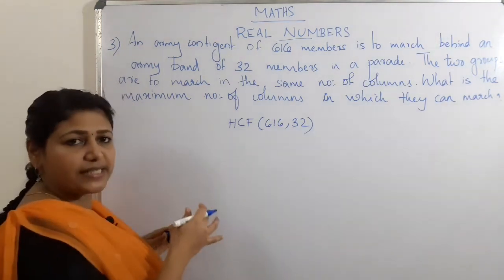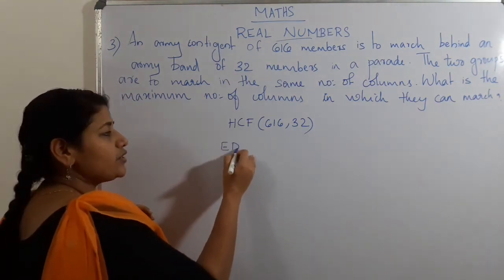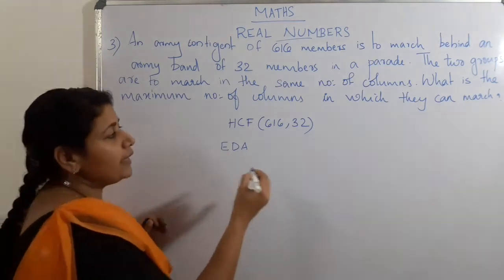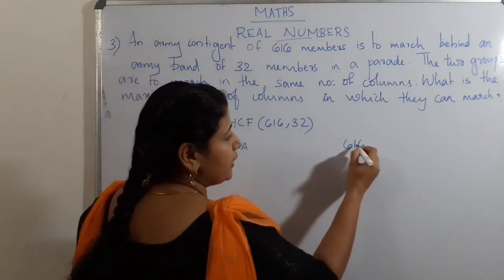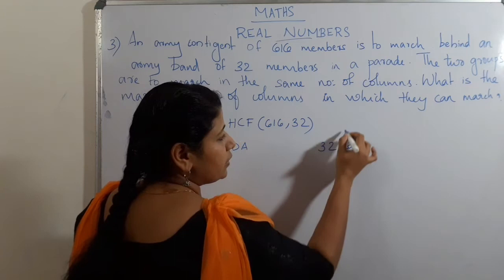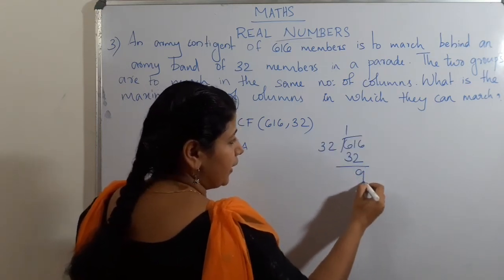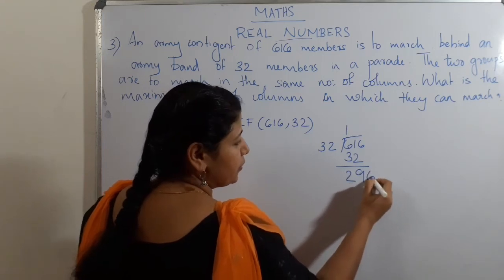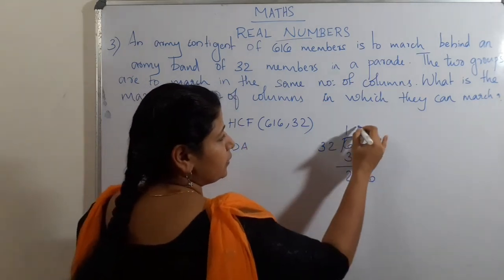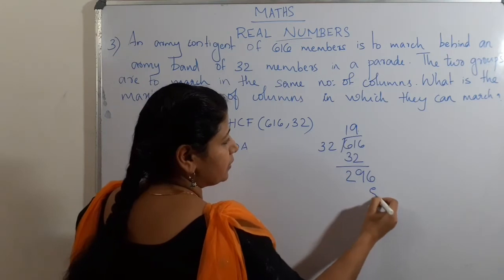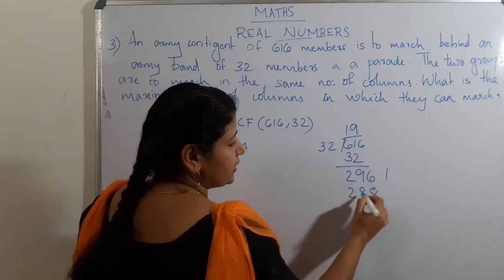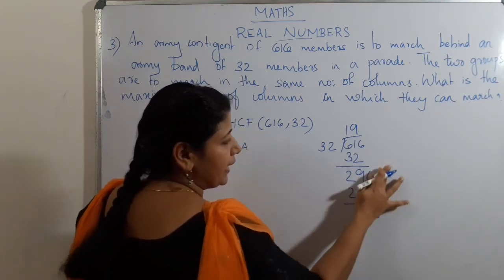So, we have already studied Euclid's division algorithm. We will divide 616 by 32. It will go one time, 32, 9, 2, 29, 296. It will go 9 times, I think, 288. The remainder will be 8.